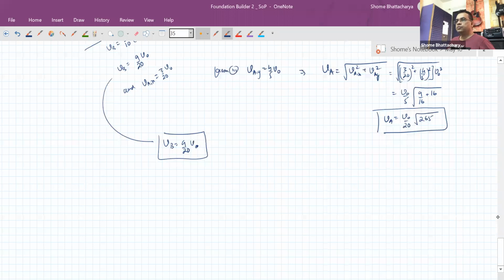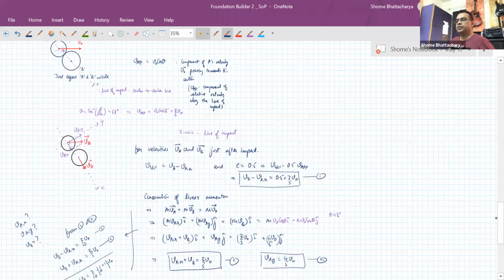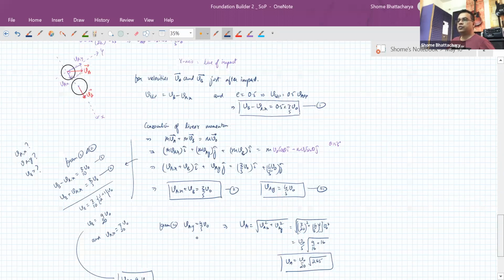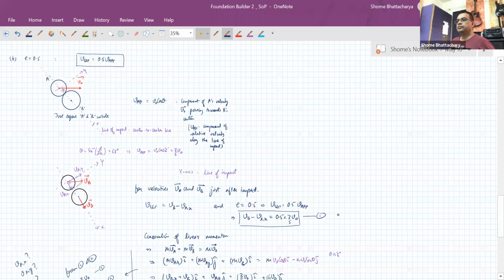So first of all, make sure you understand the interpretation of separation and approach velocity. So how from this diagram we are getting the approach velocity, and from the second diagram we are getting the separation velocity. Whole concept of line of impact.